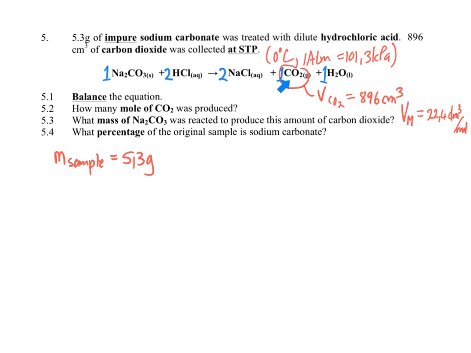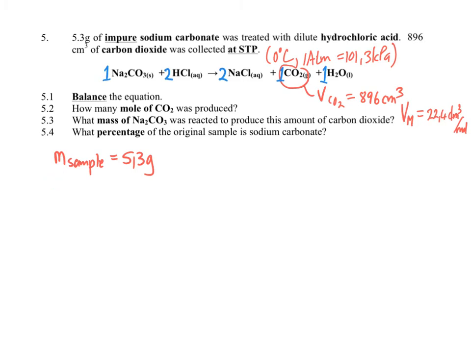So here now we have the CO2 and we are given that the volume of CO2 is 896 cubic centimeters. So we want to work out the number of moles of CO2.